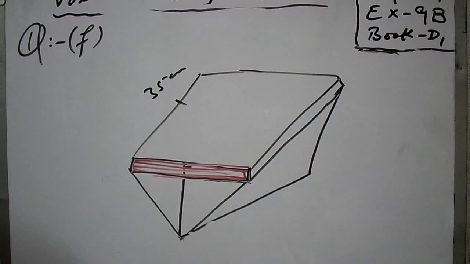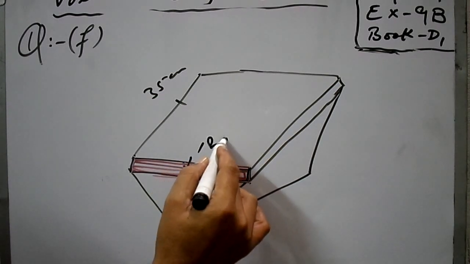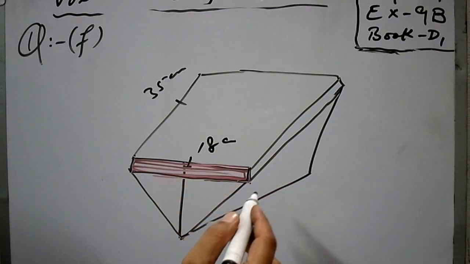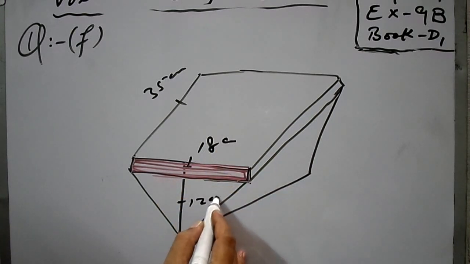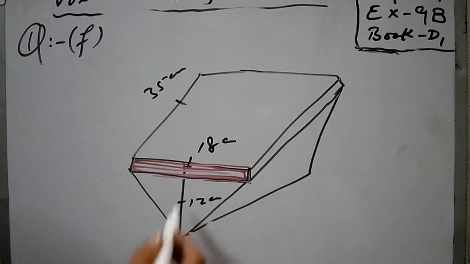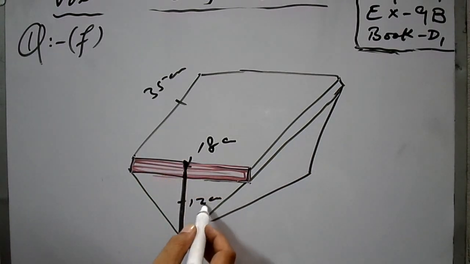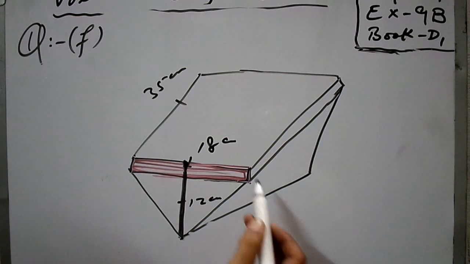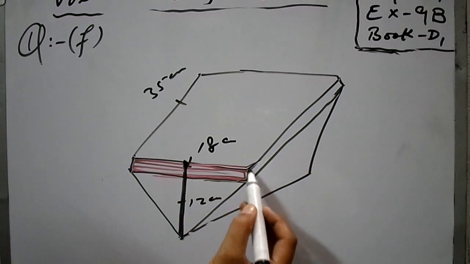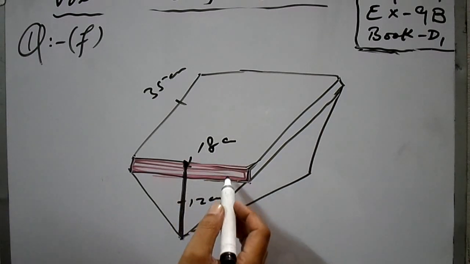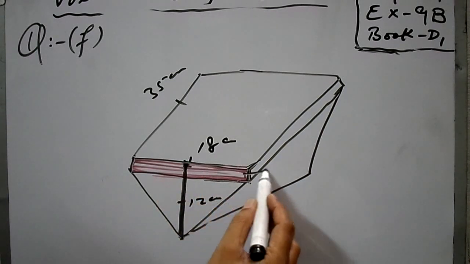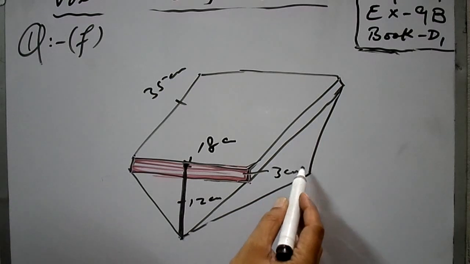So you can see here that one is your 18 centimeter, the height is your 12 centimeter. So that is your complete whole length, 12 centimeter. So what is its thickness? Here you can see by close judgment, this height is 3 centimeter.